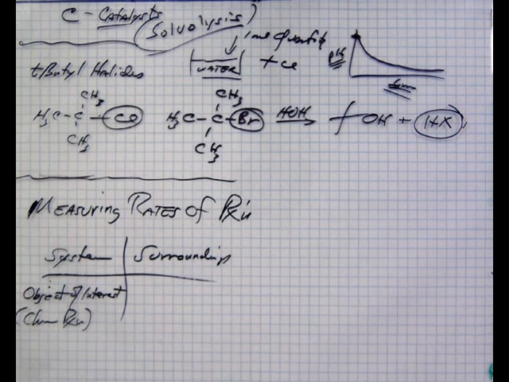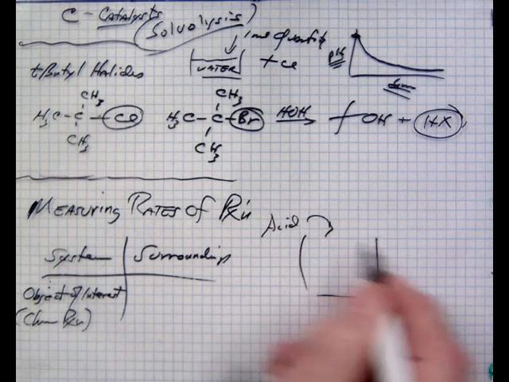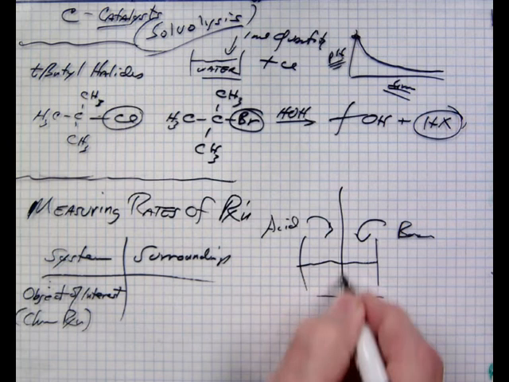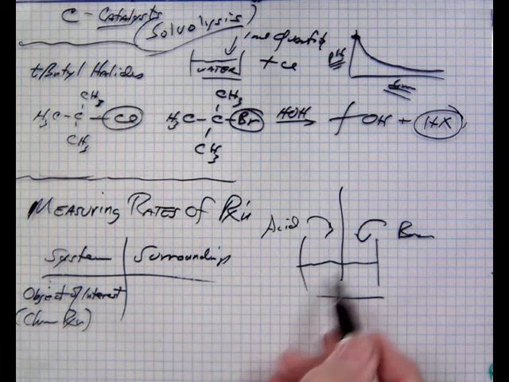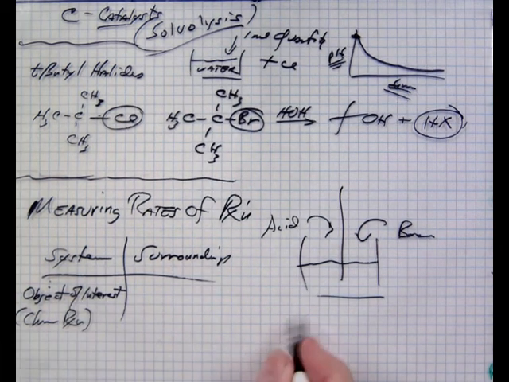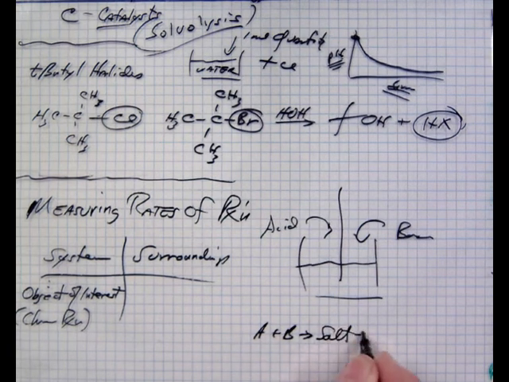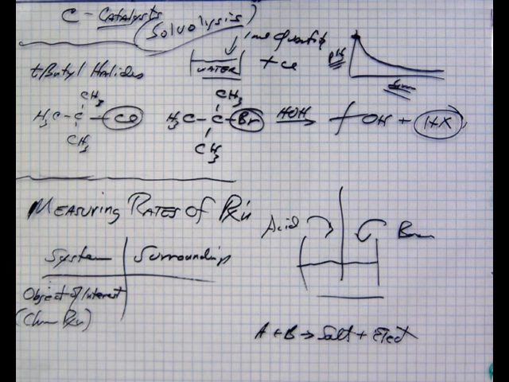Okay? Take, for example, an acid and a base mixed together, hypothetically, and you have a thermometer in that liquid. You pour the acid and the base into the container, a reaction is going to take place. Acid plus base gives a salt, and a weak electrolyte, usually the ones they talk about in the book of water being a weak electrolyte.